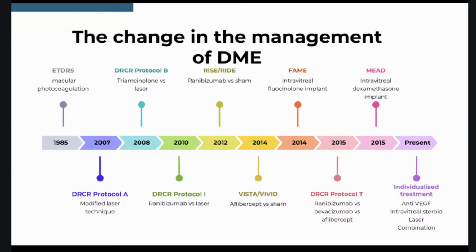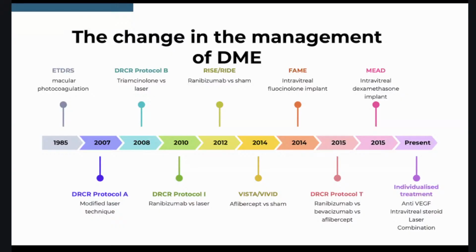And then in the early 2000s was the era of the anti-VEGFs. And it was really the DRCR.net Protocol I that showed that ranibizumab was better than focal laser alone.